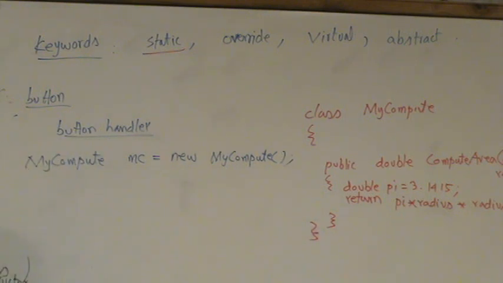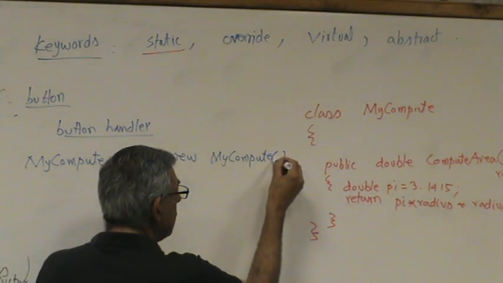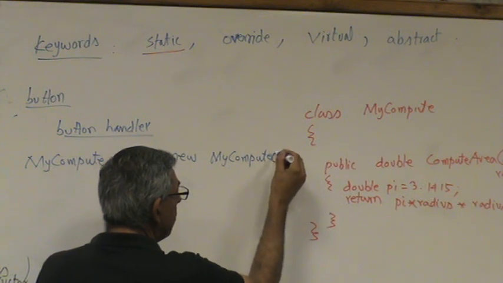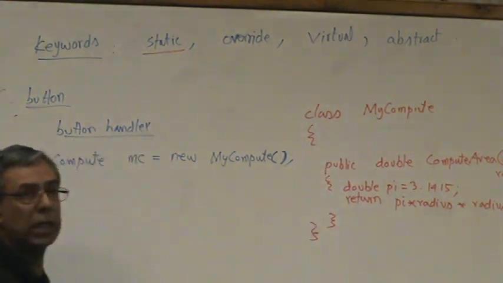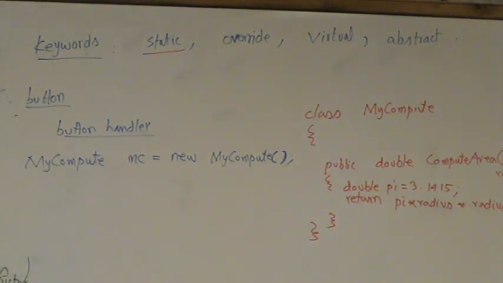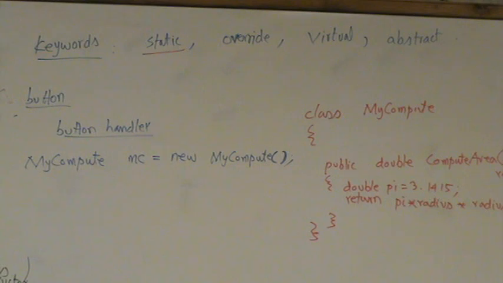So let me ask you again. What's going on once we say new MyCompute over here? The default constructor is called. Default constructor will be called because we never wrote any constructor, right? And that default constructor doesn't do anything, okay? So anyway, once the MC is created, now we will do something like this.